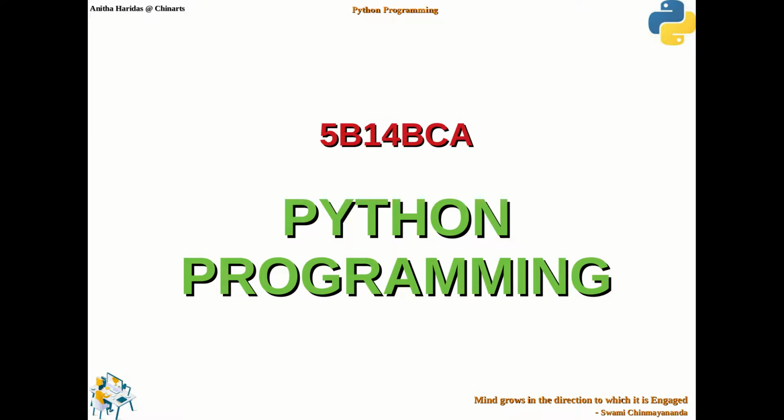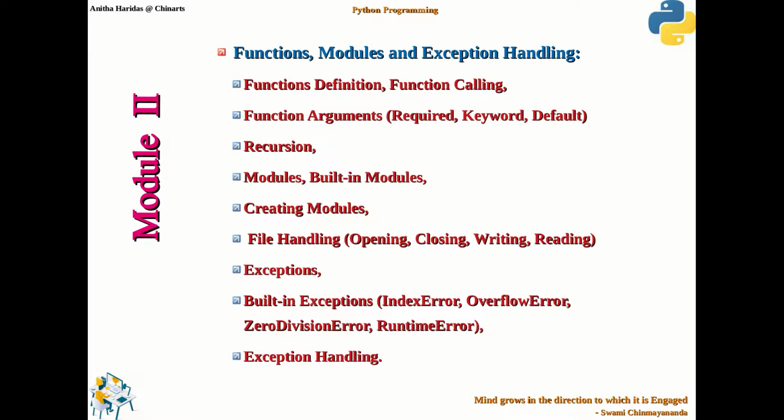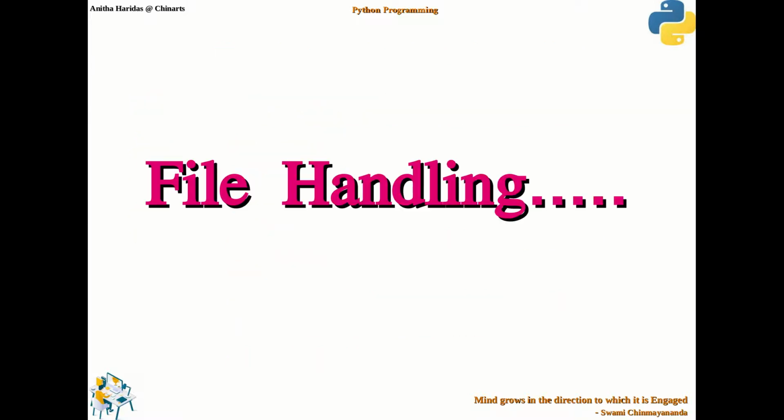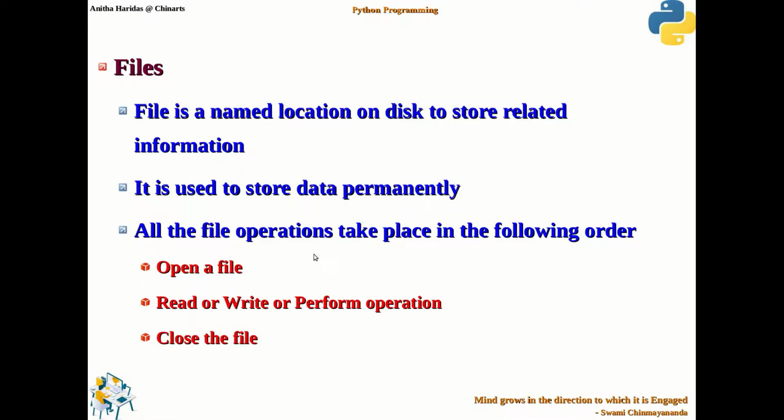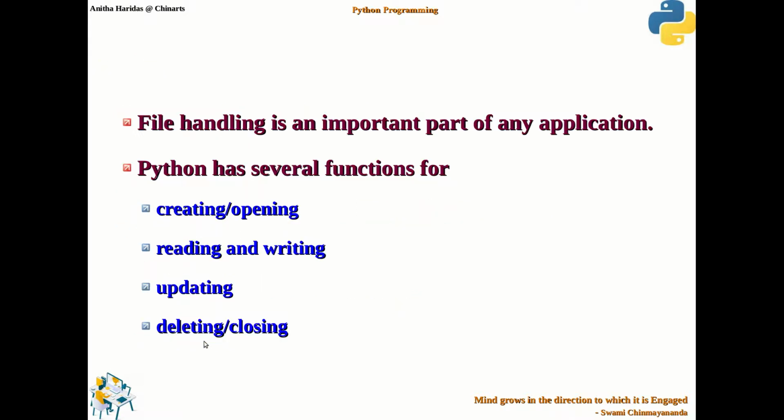In the Python programming course, in the second module, we had already discussed what functions and modules are in Python programming. We started talking about file handling in Python. In our previous session, we talked about what a file is, and in which order you can perform the file operations.